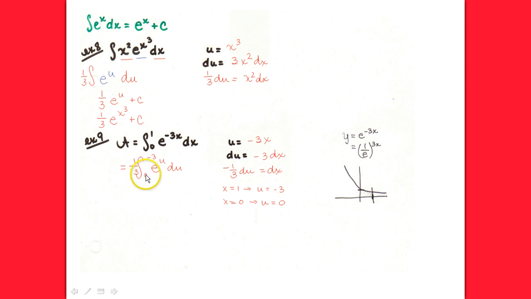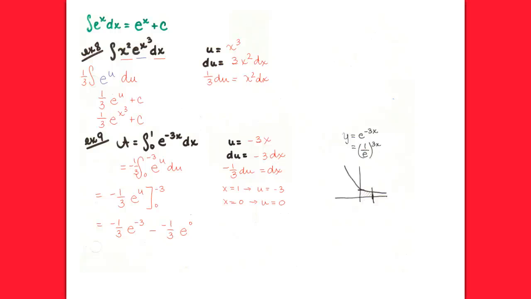Now, notice my lower value is on top and my larger value is on bottom. If that bothers you, you can switch it, but you have to put a negative out in front when you reverse a and b. You can also integrate with them as they are. That's perfectly fine. So we could go through then and say the integration of e to the u is e to the u. And then we could plug in our negative 3 and our 0.